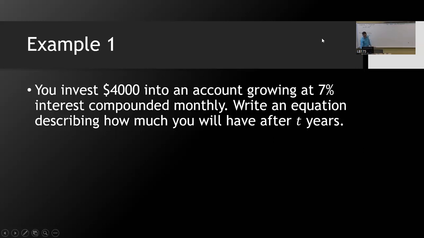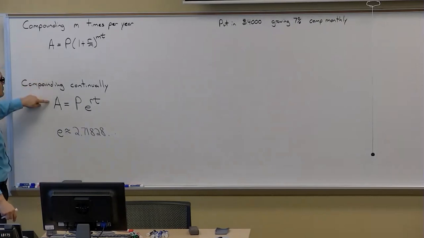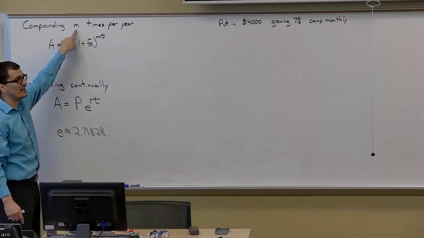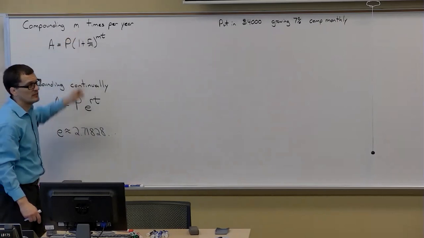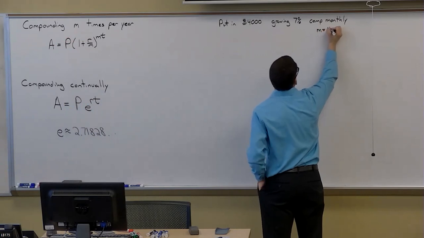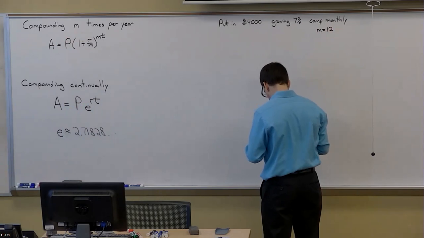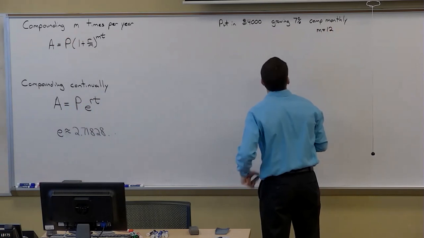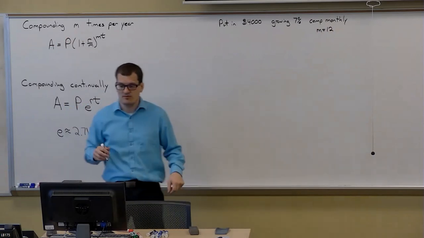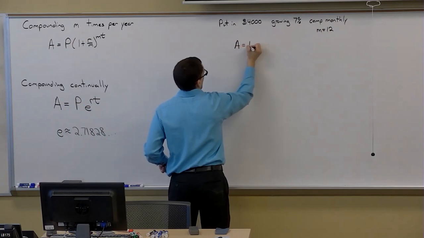The first thing I need to do is decide which one of these versions I am going to use. Since we're compounding monthly, that's an M times per year version. So compounding monthly means that M is going to be equal to 12. All right, so M is equal to 12, and I know I'm going to be using this equation.